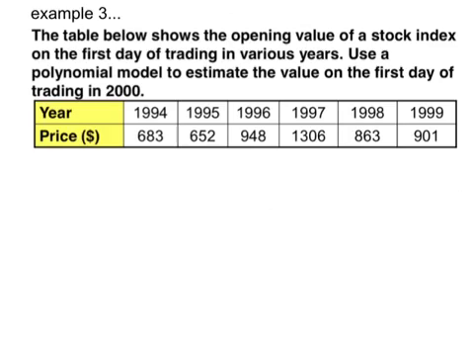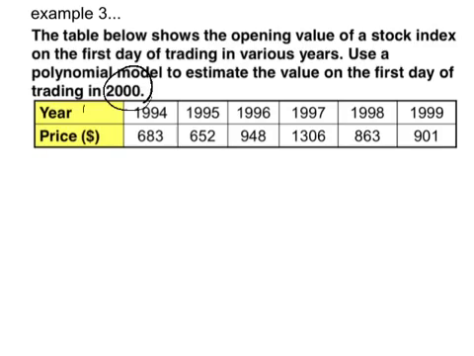function fits the data. The table shows the opening value of a stock index on the first day of trading in various years. Use a polynomial model to estimate the value on the first day of trading in year 2000. So what we need to do here is use our regression functions and come up with an equation and then evaluate that equation for year 2000.